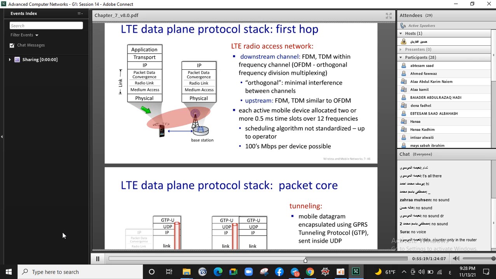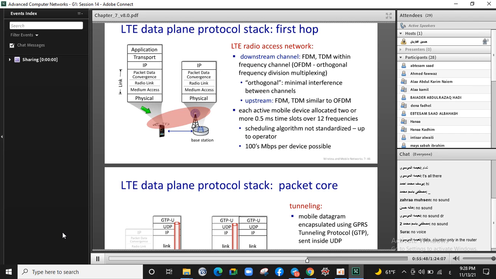Those terms refer to the structure of how the air resources, the channel resources, are shared between different users. We talked about FDM and TDM in the last lectures, so I omit talking about them again.